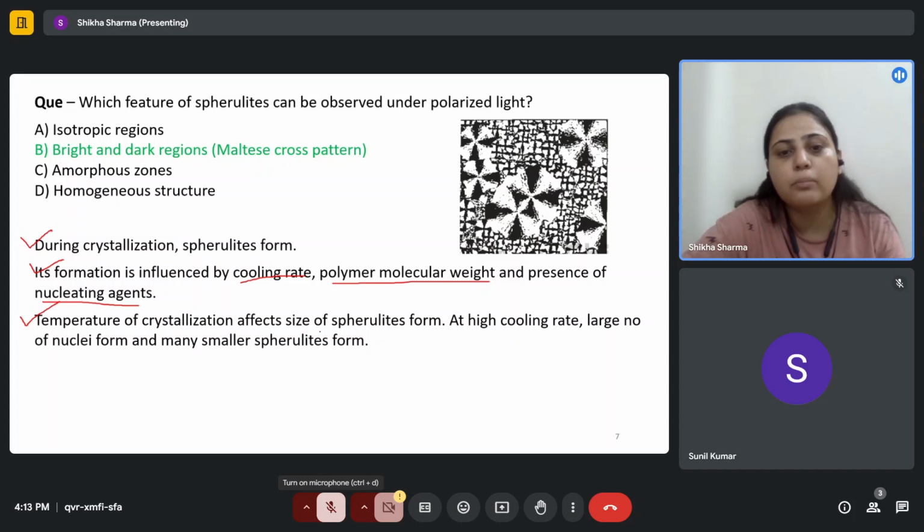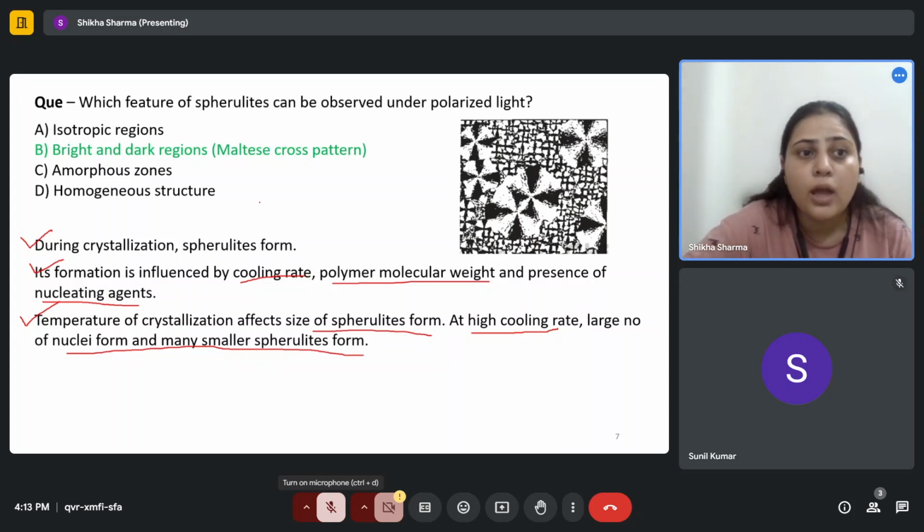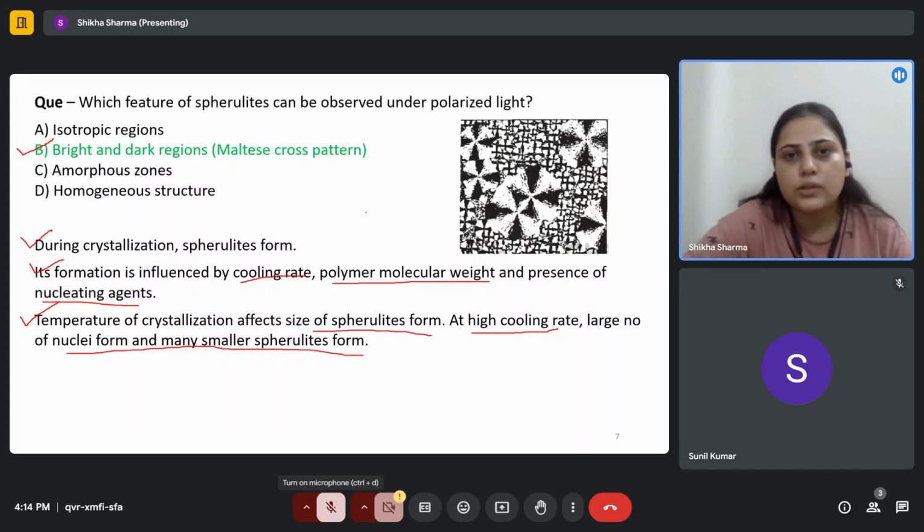It is very important because it affects the size of the spherulites. Because if we cool at a higher rate, then a large number of nuclei will form and more, smaller spherulites will form, right? And these bright and dark regions are also known as the Maltese cross pattern.